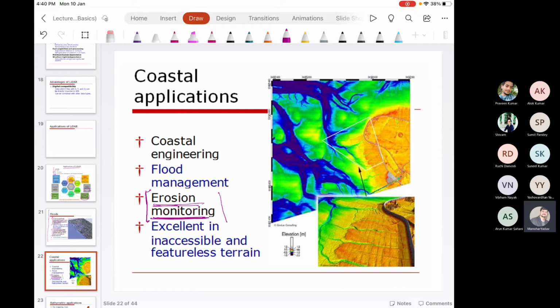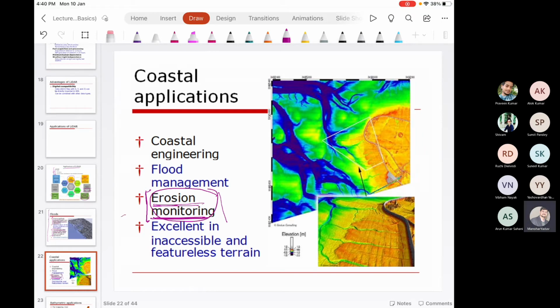So at two different epochs, you have a mathematical surface of the given area. And by comparing the mathematical surfaces, you can analyze the volume of erosion that takes place over the course of time.